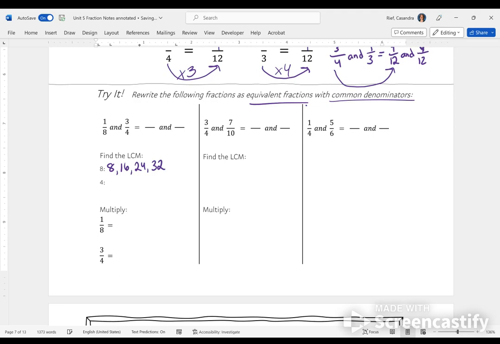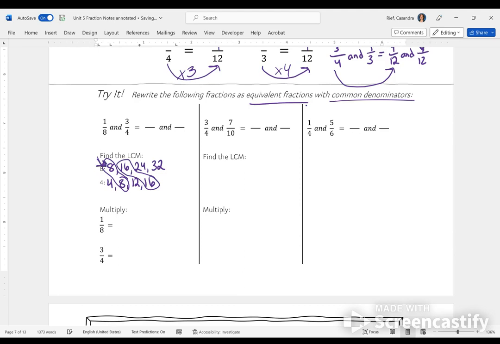And now I can do the same thing for 4. 4, 8, 12, 16. Finally, I'm looking for which one they have in common. They both get 8. They both can make 16, but I want the least common multiple. In this case, it's 8.